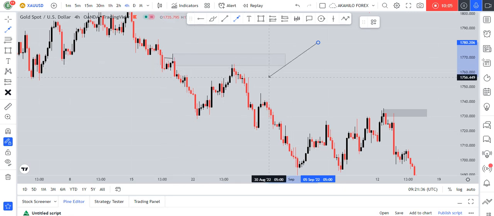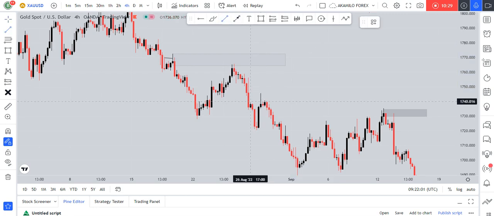Let's find another example. Another example is also this particular point. This candle is our last bullish candle before this down move. In this candle, you can see it has closed above this candle's high.